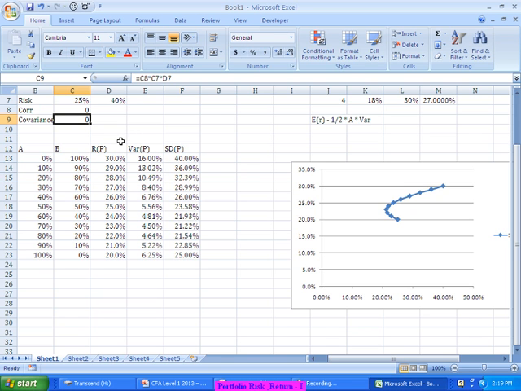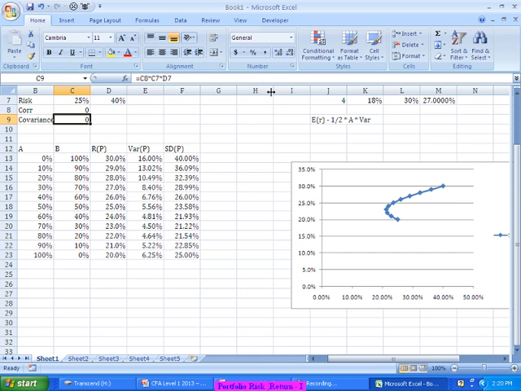If you want 25% return, if you draw a line from the y-axis onto this curve, it intersects the curve at only one point. What does that point say? If you want to get this much return, this is the minimum amount of risk that you have to take. So for each level of return, it is specifying the minimum amount of risk that needs to be taken.